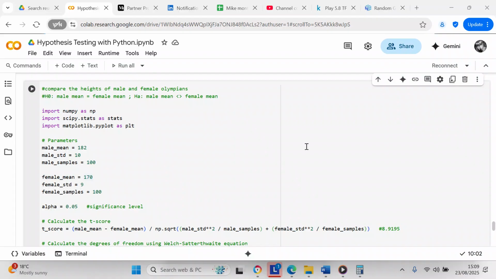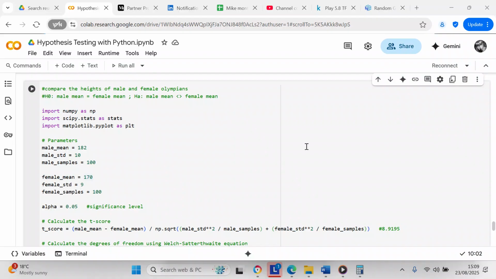So we're going to write a program in Python to carry out this difference in mean test, and we're going to import 3 libraries in order to execute the program. The first library that we're going to import is NumPy as np. NumPy is a numeric library that performs numeric calculations. It creates NumPy arrays, and it also creates distributions.